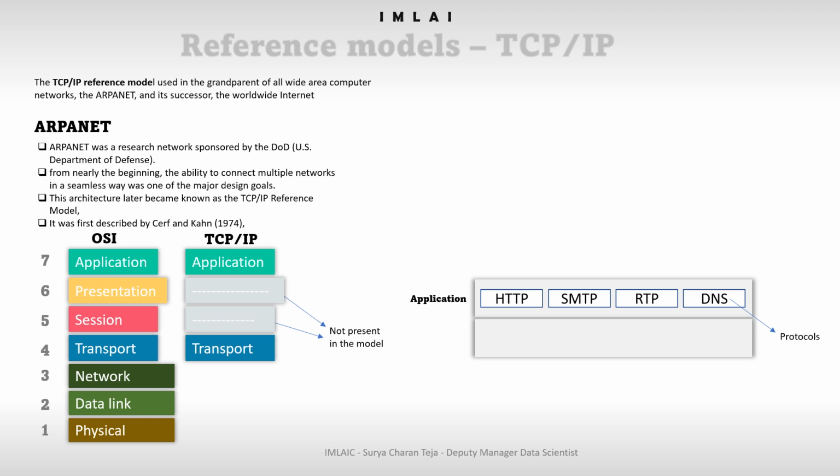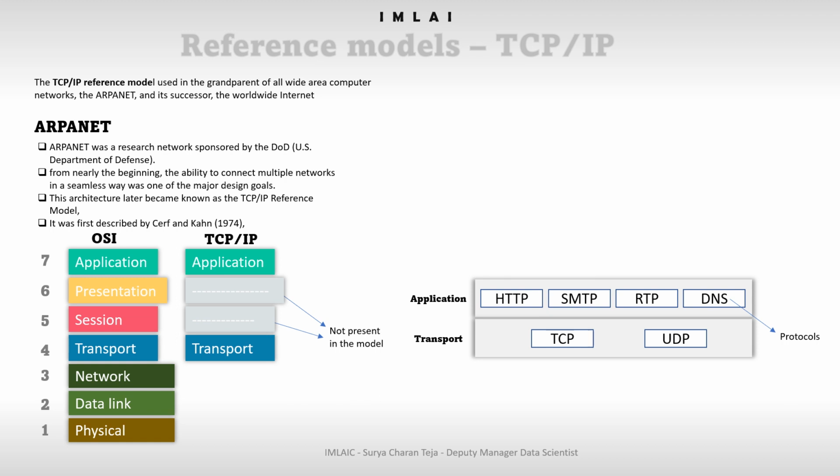Two end-to-end transport protocols have been defined here. The first one is TCP, the Transmission Control Protocol. TCP is a reliable connection oriented protocol. It's not connectionless, it's connection oriented, and it's reliable.